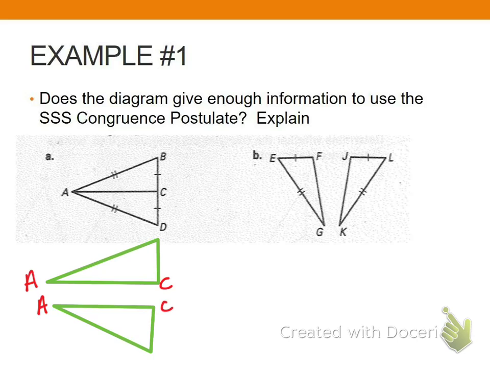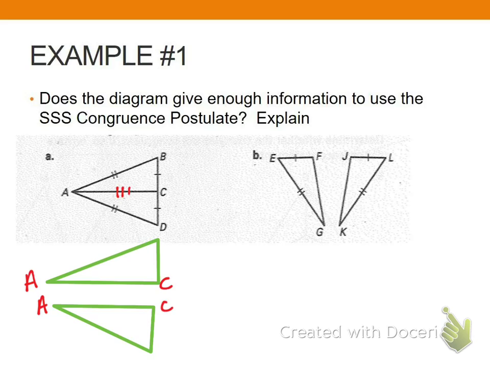We all see that? So what do we know about side AC and side AC? They're the same, so they have to be congruent. Does anybody remember what property states that? Good. Reflexive property states that any side or angle or number is equal or congruent to itself.